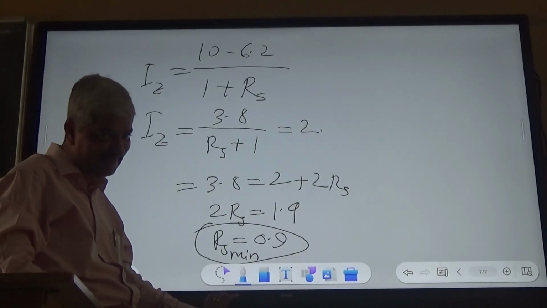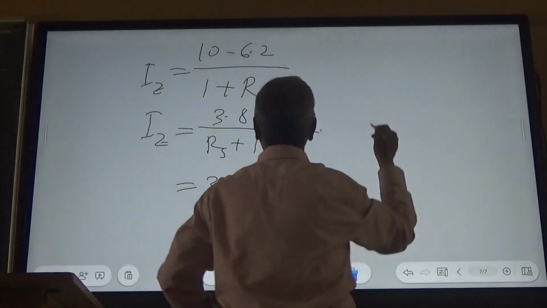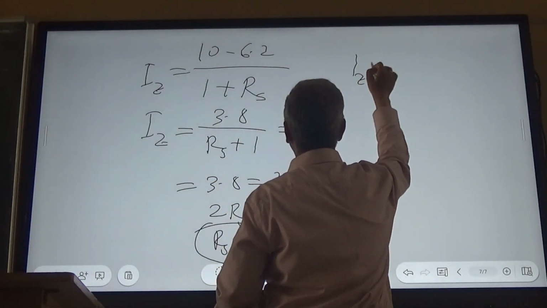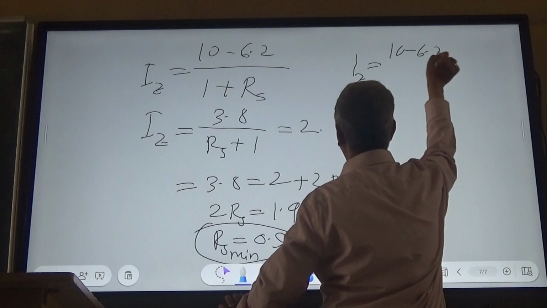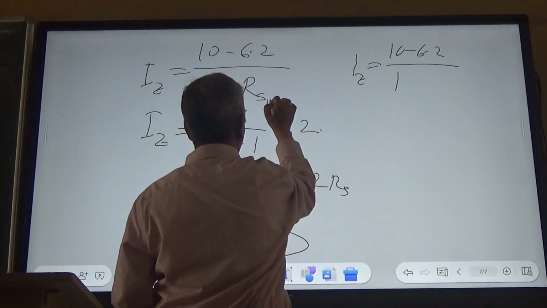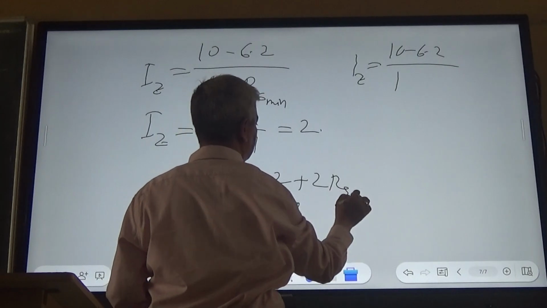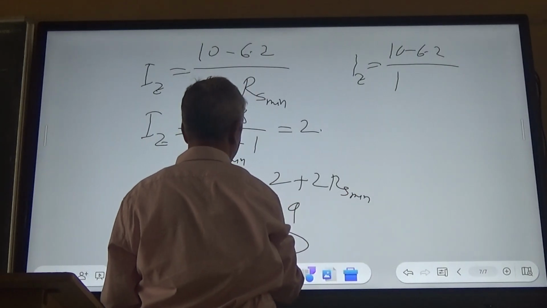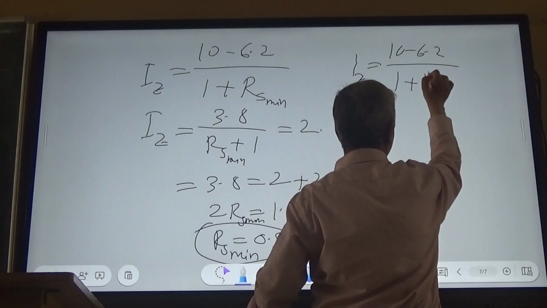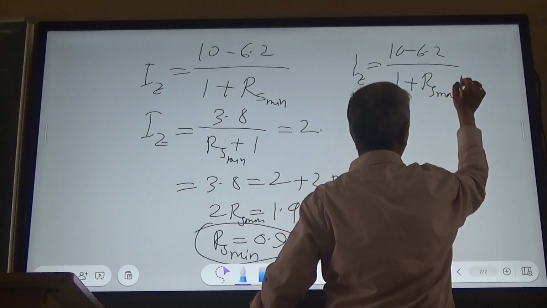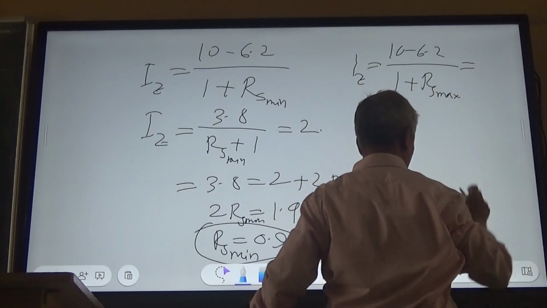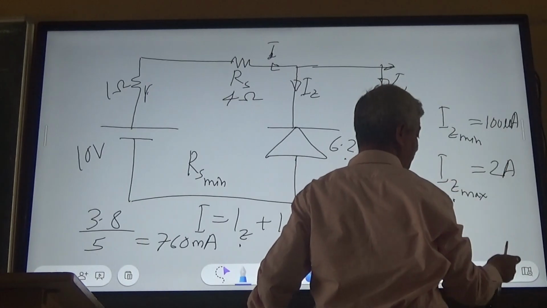Rs max should be such that again Iz equal to 10 minus 6.2, and this should actually happen at Rs min. And when it is at Rs max, that time you must ensure that what should be the current? 100 microamperes.